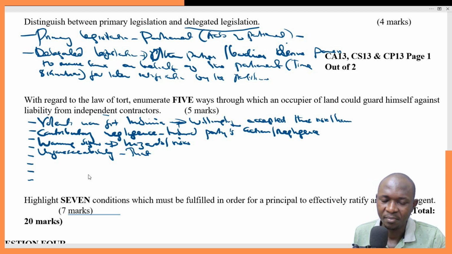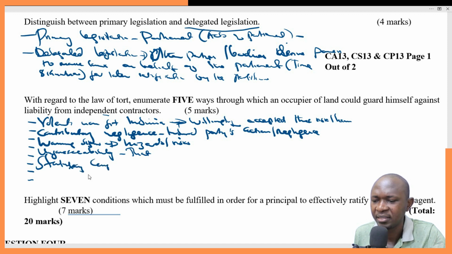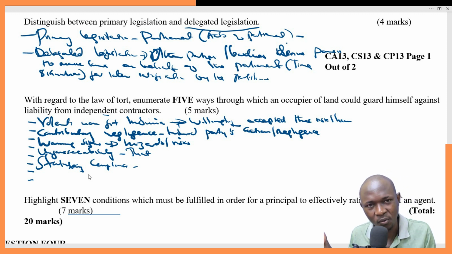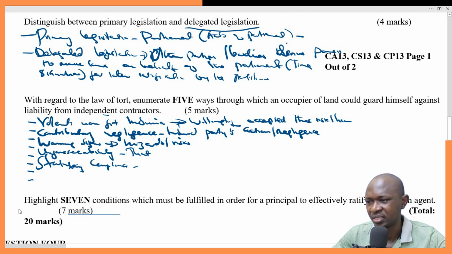So unforeseeability. And then you can also talk about statutory compliance, that you have complied with everything that was expected of you. There's nothing you've not complied with. So you are within the laws, you've done everything that you are supposed to do. So that can also be a defense.